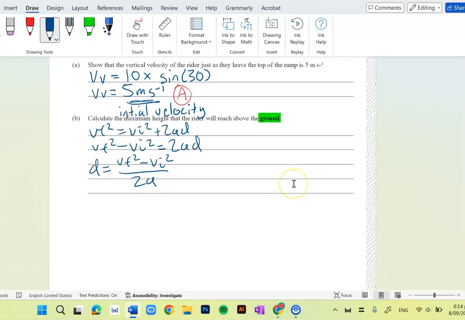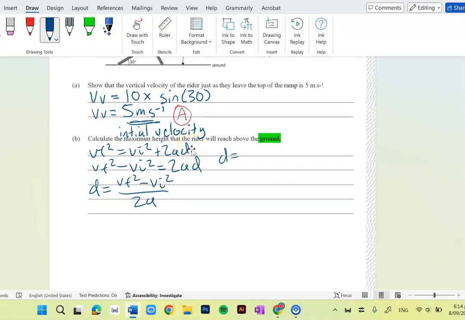Our final velocity is 0, obviously. The initial velocity is 5. Do not use 10. And our acceleration is negative 9.8 because it's going downwards. So if we do that, you should get 1.28 meters.